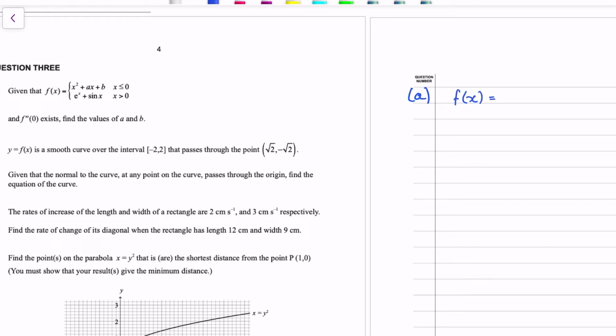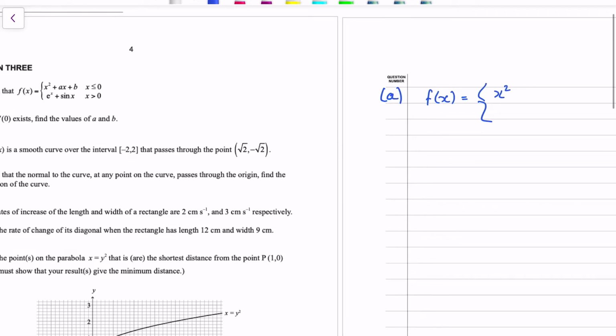It's a piecewise function which has a parabola on the left hand side of the origin and a combination of an exponential and a sine graph when x is greater than 0. Okay, and it turns out that end point where the functions meet at x equals 0 is important.